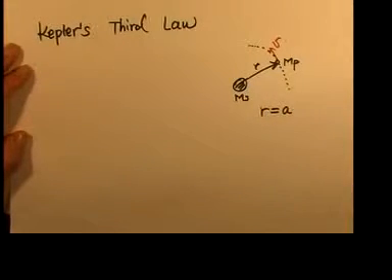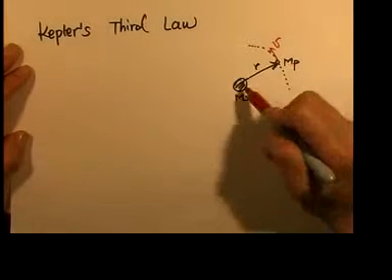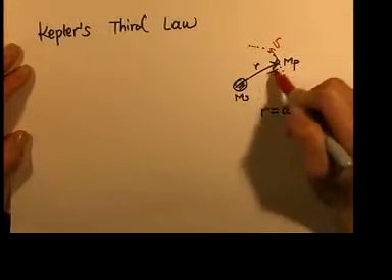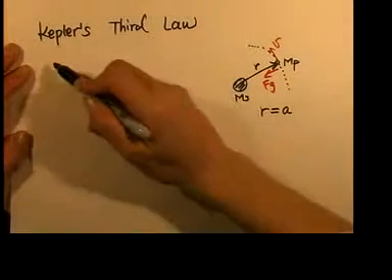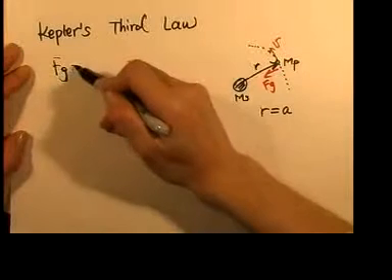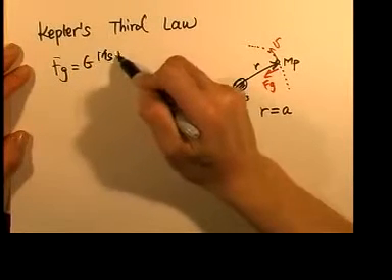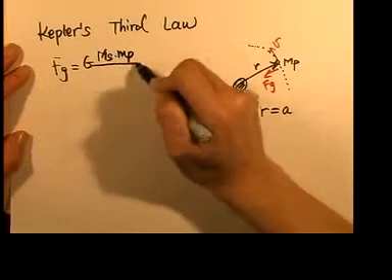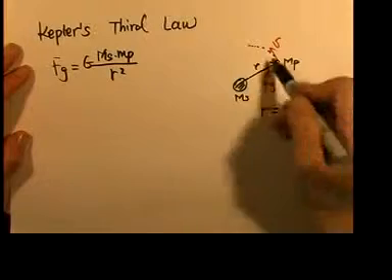So first of all, we learned that the sun will attract the planet with a gravitational force F_g. F_g equals capital G, mass of the sun, mass of the planet, divided by the separation squared.